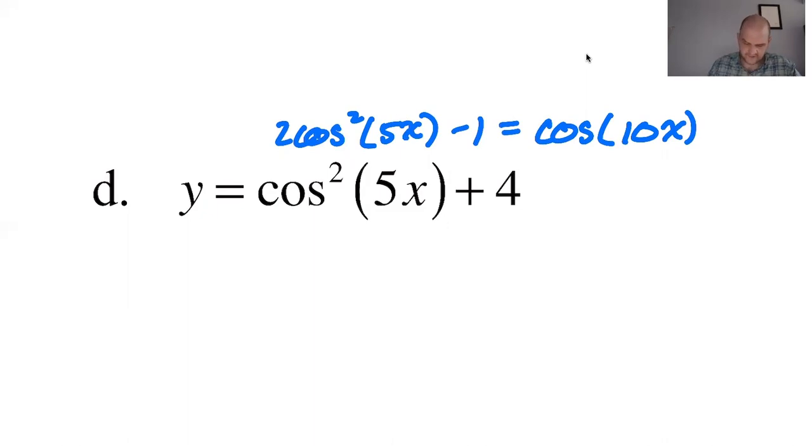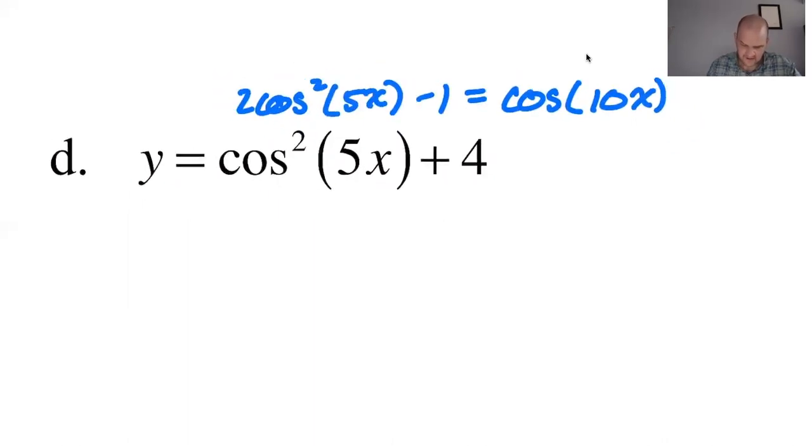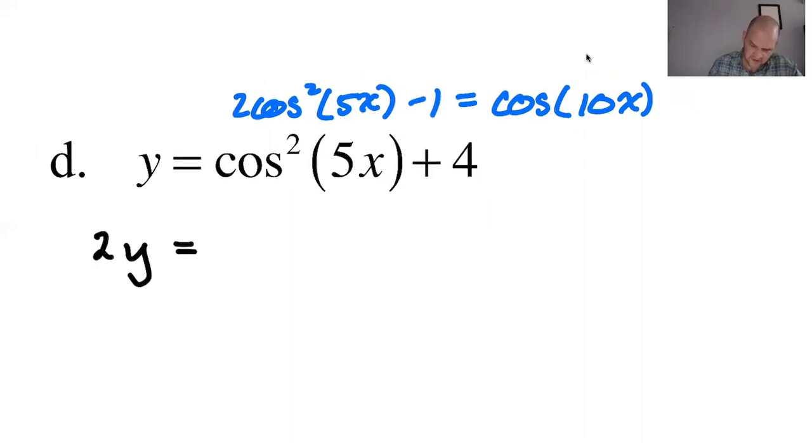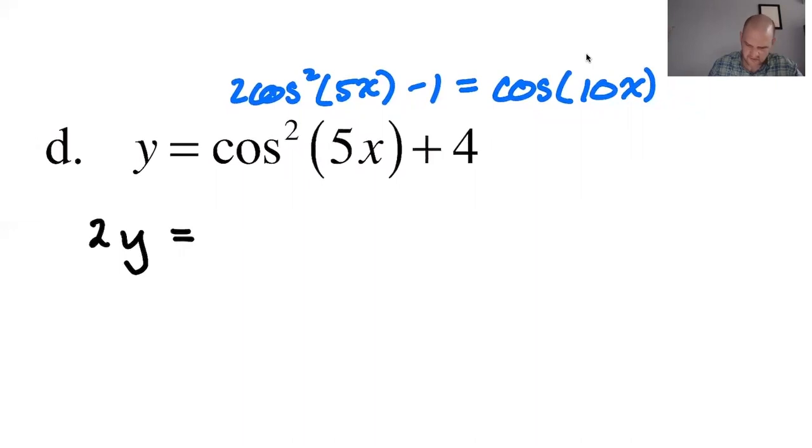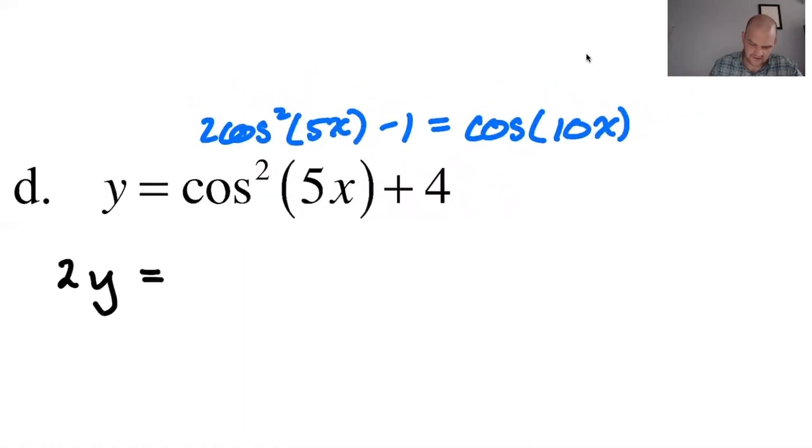So what I can do is create the 2. I'm going to make it 2 cosine squared. The way I'm going to do that is multiply both sides by 2. I'm going to show you a second way to do this also, by the way, so don't worry about it. It's actually based on this, and it's probably easier, so I should probably just do it first, but I'm not going to.